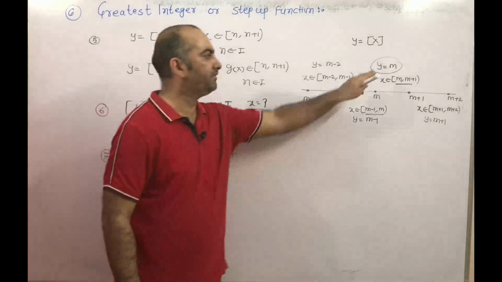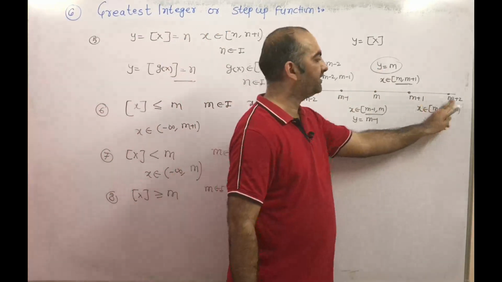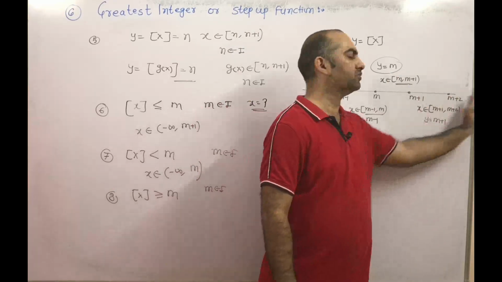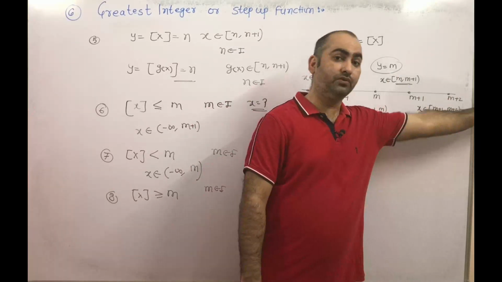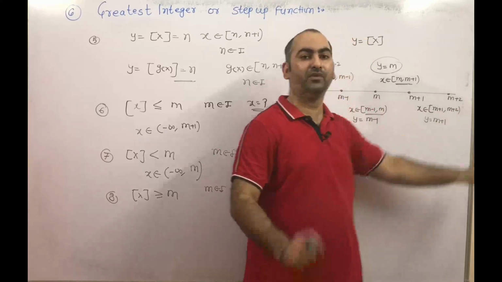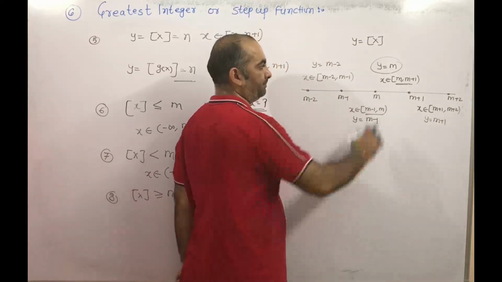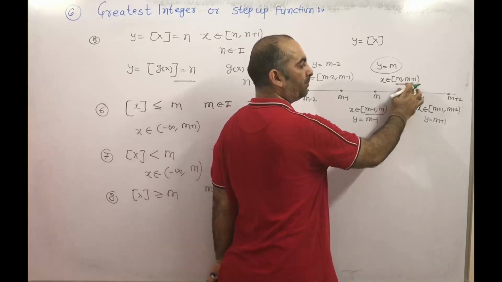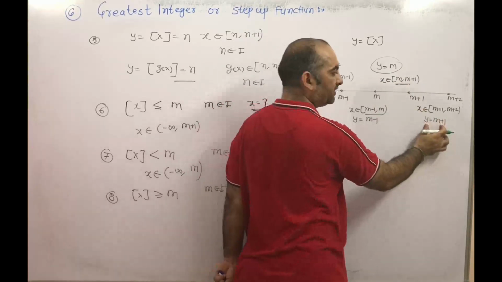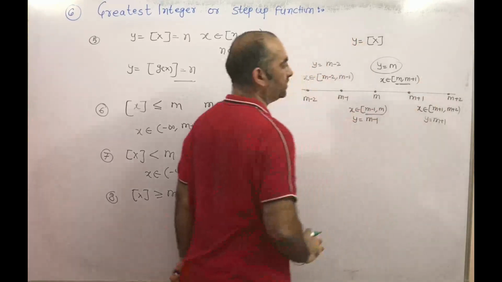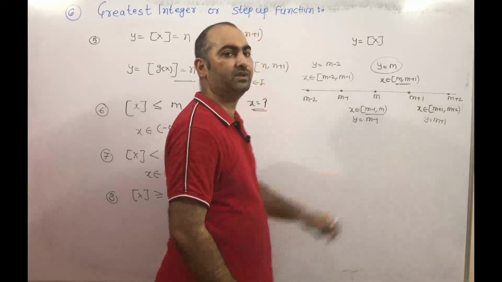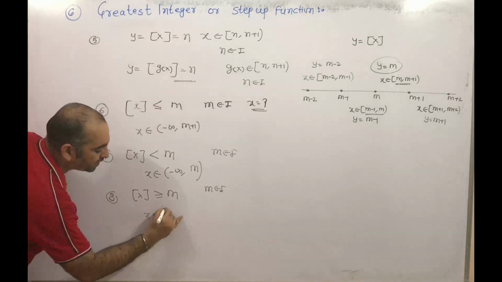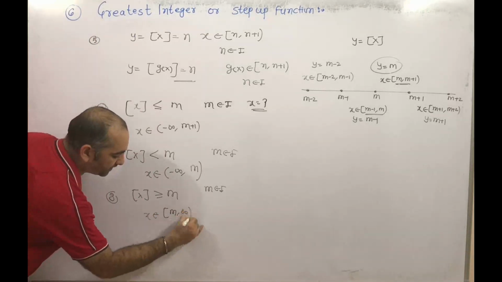So m is valid, m plus 1 is valid, m plus 2 is valid, and further everything is valid, so it will go to infinity. But the minimum value is m, starting from y equal to m, which we get in the interval m to m plus 1. So this interval union this interval union further intervals will come, starting from m to m plus 1 and going till infinity. So x belongs to the closed interval m to infinity.